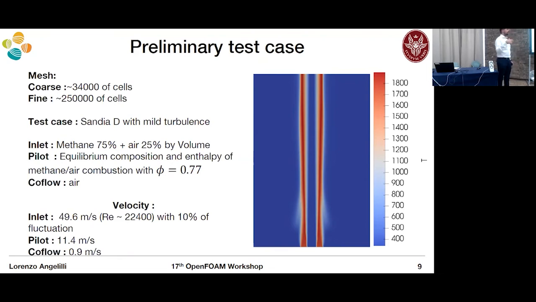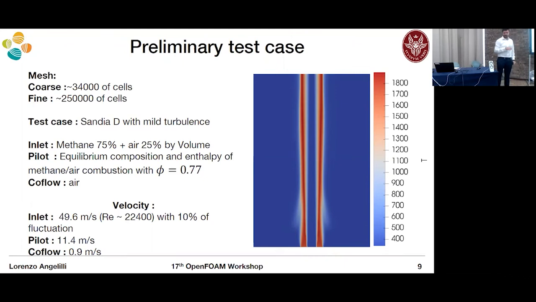So we have a large experimental data set that we can use for validation. In this case, this is not at all a Sandia D flame, but what we wanted to do is to simply try the code with the table and the code with the neural network to see if the prediction of the observables is the same.